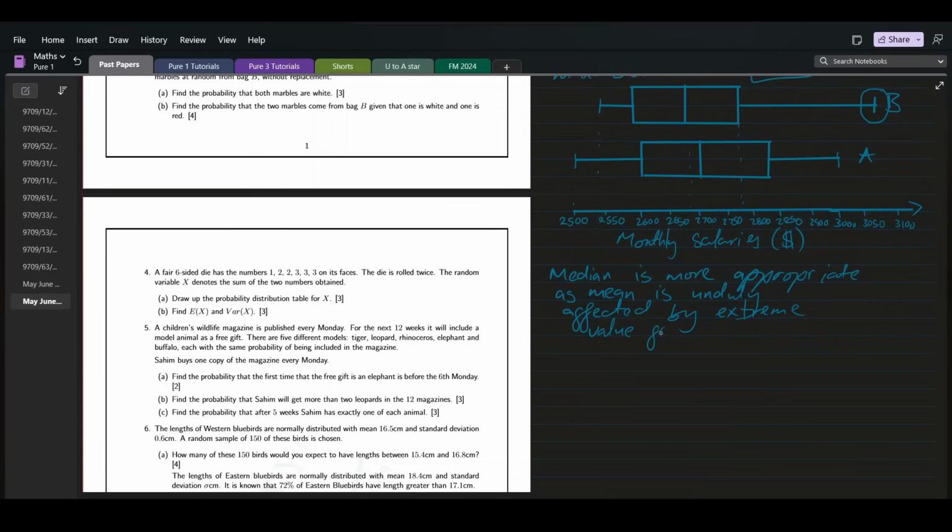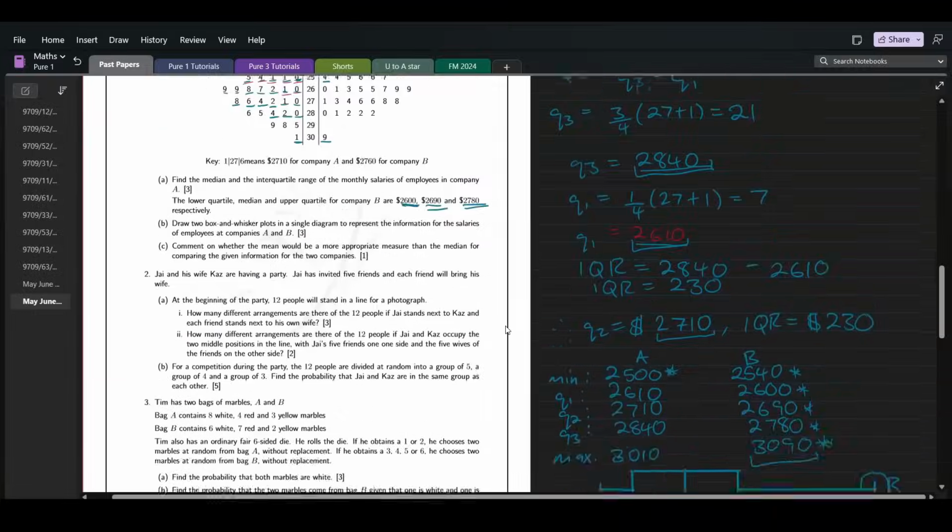Extreme value for company B, and we'll put it in brackets, that value being 3090. And this would be our final answer, and we have completed question number 1.